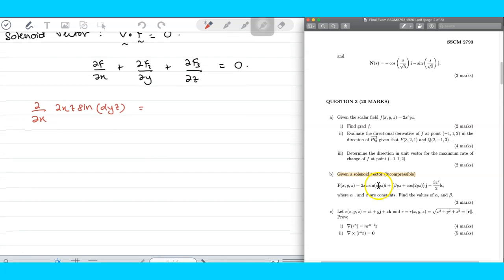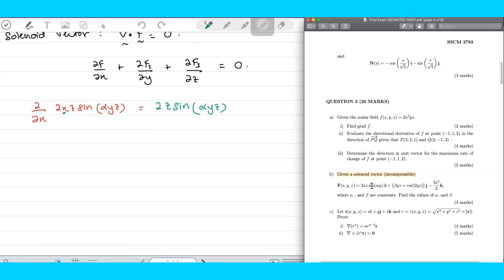In alpha yz there is no x, and the x is outside the sine, so you just differentiate the 2x and get 2. The rest are constant, so we get 2z sine of alpha yz.